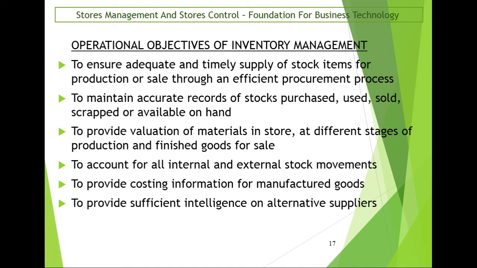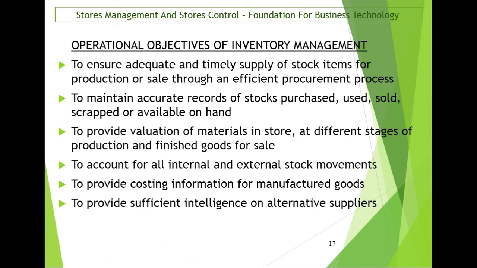We need to be able to provide also costing information for manufactured goods. So in other words, if we are making a product that consists of 3 different raw materials, we need to be able to provide information of what is the material cost for making one item.